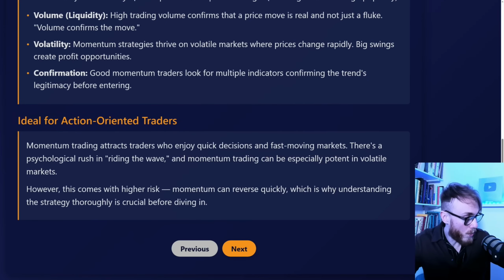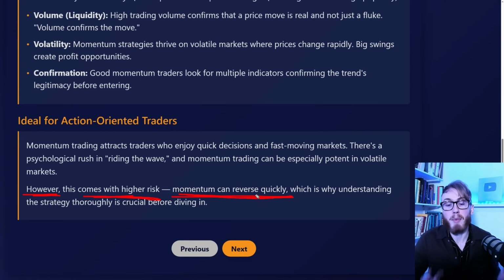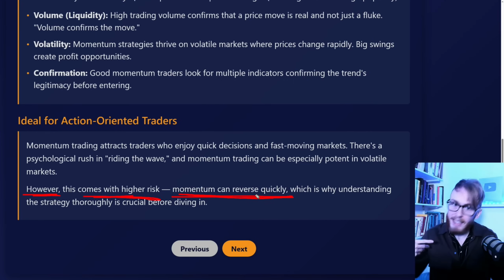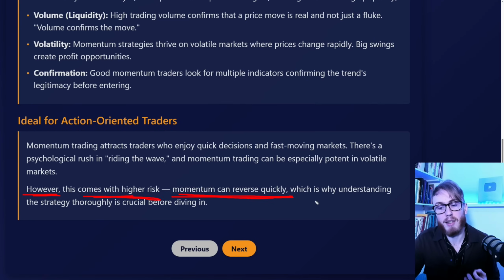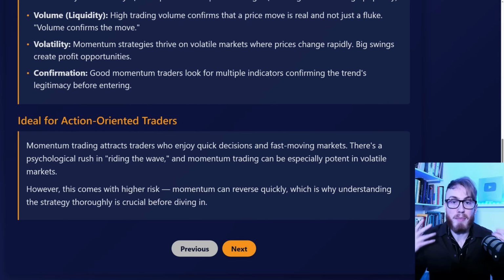However, what I do want to mention already is that momentum trading comes with a higher risk, because if we are not careful, momentum can reverse quickly. When we are riding a very strong wave, if this wave starts to reverse, it can reverse quickly. And this is why understanding the strategy is very important. So now let's take a look at some momentum trading strategies step by step.